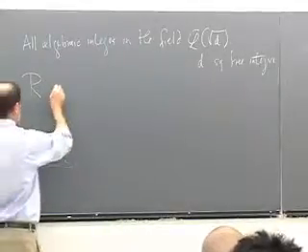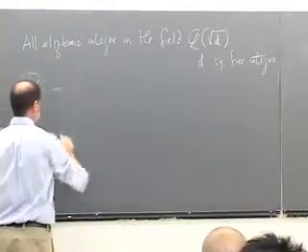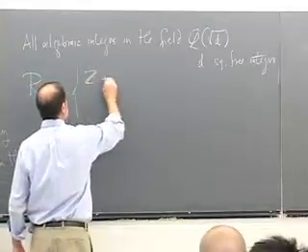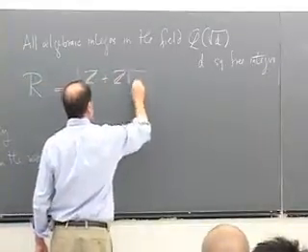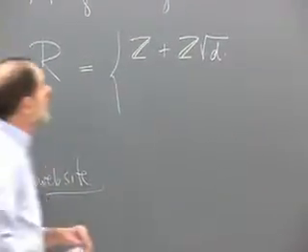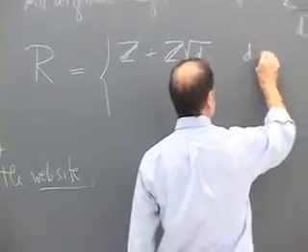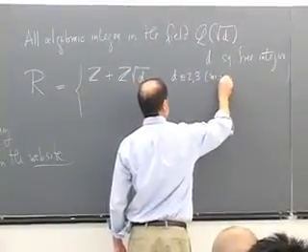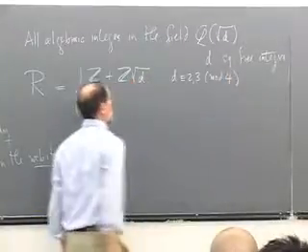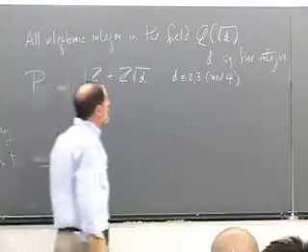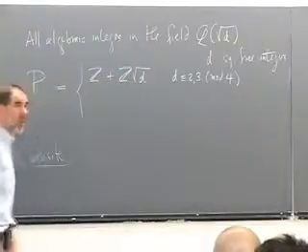And there were two possible cases. Well, there was the case where you always contained all integers plus integer multiples of square root of d. And that was all you got when d was congruent to 2 or 3 mod 4. And in the case where d was congruent to 1 mod 4, you got a little more.